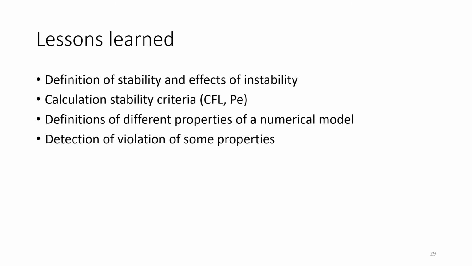Is it bad? I want you to know that there are stability criteria that you can calculate analytically and check, and that they are important to validate the quality of your model. And based on the examples, I want you to have an idea of how you can judge violation of those properties, like boundedness, when you conduct your own simulation or when you see simulations of someone else. Thank you.